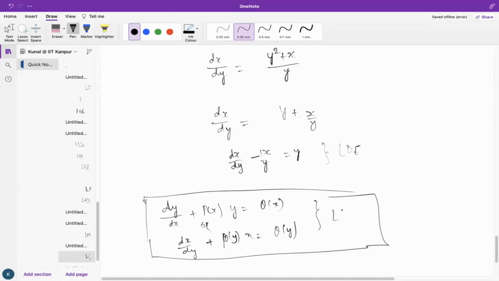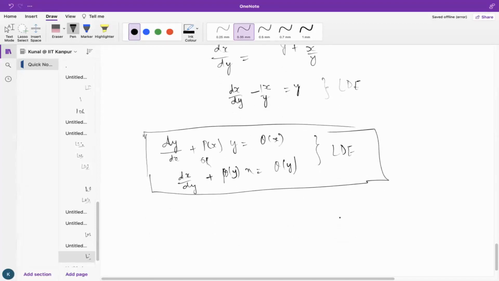So both are linear differential equation forms. We already discussed this, right? So this is a linear differential equation of this form.